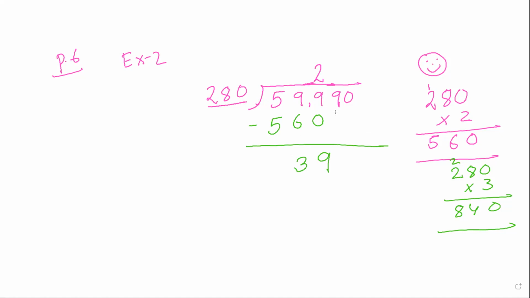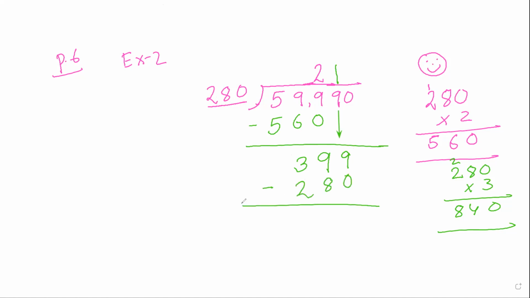Next step, bring the neighbor down. If I bring this down, it's 399. This is still bigger and this is still smaller. So I will just take 280 times 1, because times 2 is a big number.